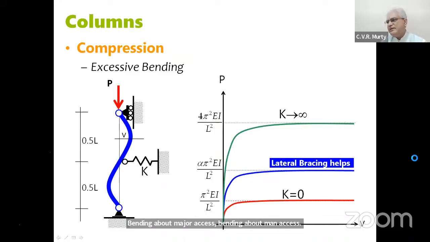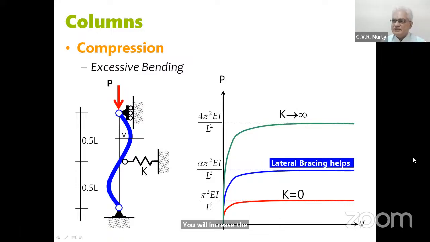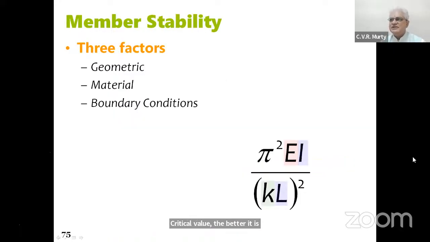We will need to worry about all of these because in general, for all these actions, what is critical is bracing, and bracing does make a big difference. In the bottom case, you have no lateral bracing, and as the lateral bracing increases, you will increase the load carrying capacity of the member. And the higher you can take this geometric critical value, the better it is for us to guarantee that the plastic actions will be considered.